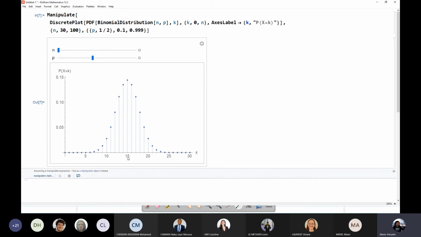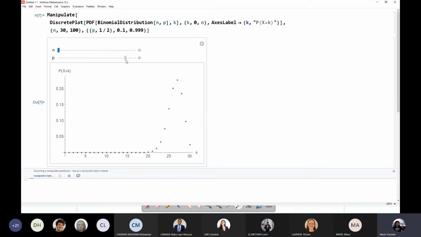Okay, so here you have K, and here you have the probability that X equals K. If the parameter P changes, do you see what happens to the curve? P is the probability to get 1.